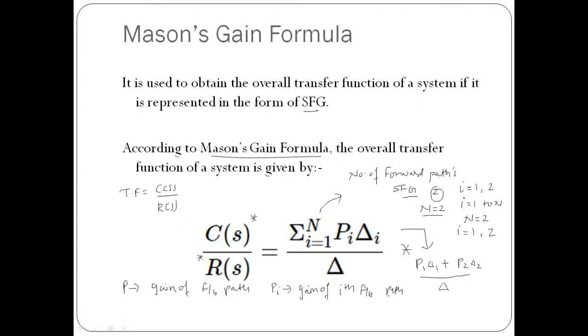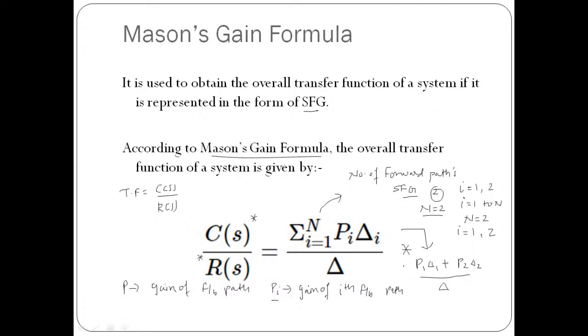I told you that we discussed in detail how to find the gain of a forward path. Gain of forward path is simply the product of the gains of the branches which are responsible for the formation of that particular path. Here Pi indicates the gain of the ith forward path.